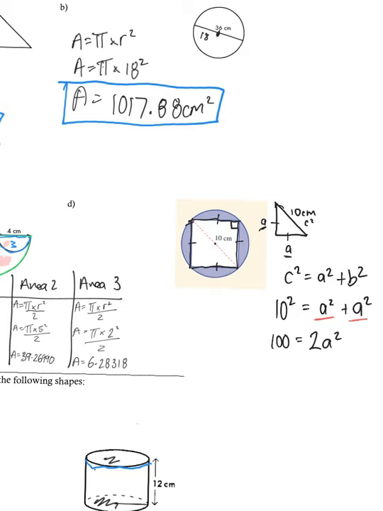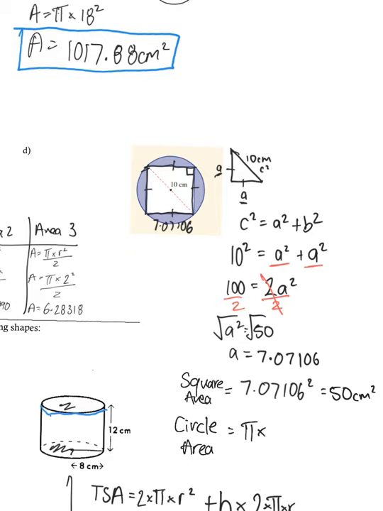Now we're going to find the area of the circle. I think this is probably the toughest question in the test. Circle area: we know the circle has a diameter of 10, so its radius is going to be 5.